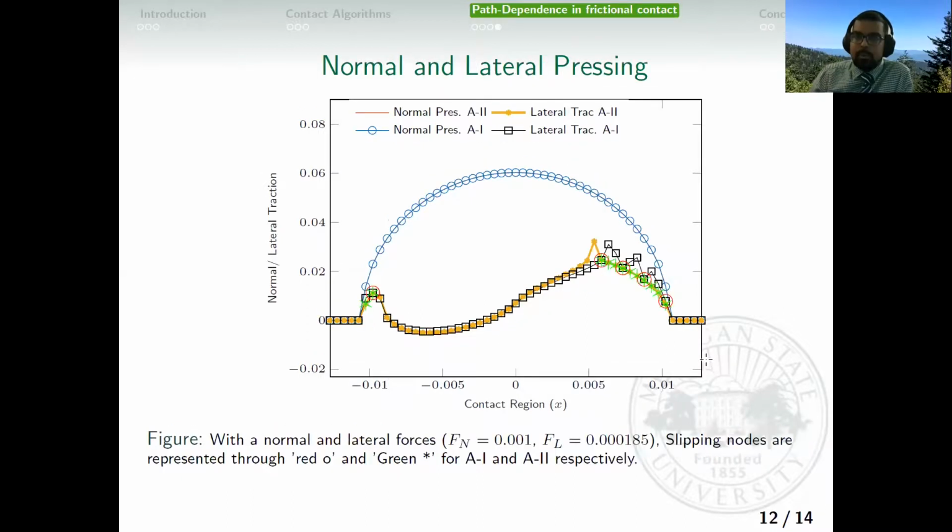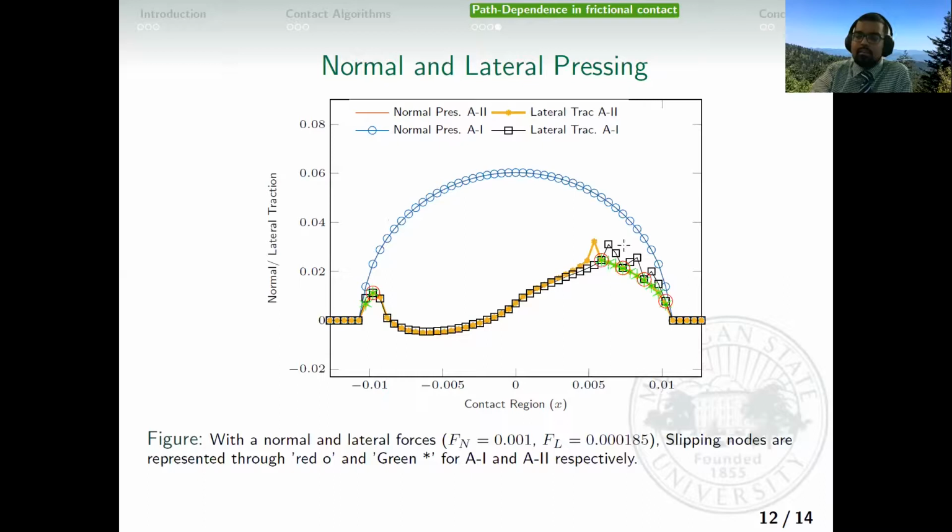But as soon as we applied a lateral load on this rigid indenter, we find the conventional algorithm starts to show instability, and we can see harsh behavior near the contact edges.